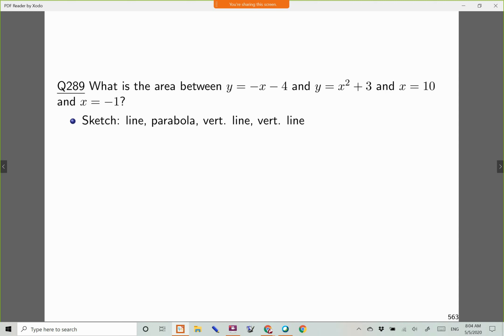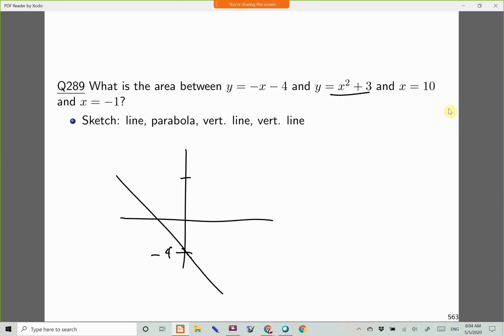So just in terms of a sketch, we should be picturing a line whose slope is negative. Even in a rough sketch, negative 4 is the y-intercept and slope is negative 1. It looks roughly like that. Versus this parabola, y equals x squared plus 3, so 3 units up, and you have a parabola like this. If you draw this too sharply, it'll be hard to draw in that, because this keeps going no matter what.